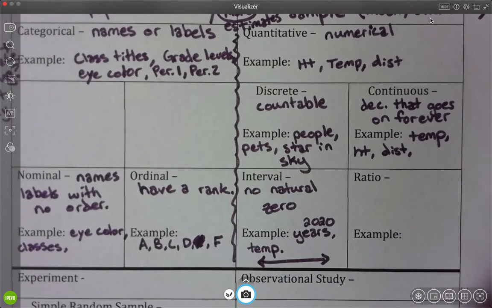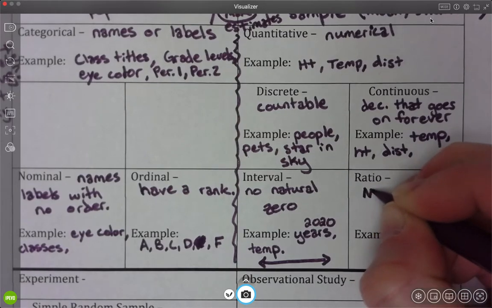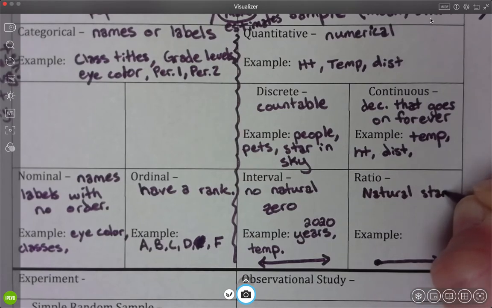Ratio, though, does have a natural starting point, okay? Maybe not at 0, but it does have a natural starting place. So for ratio, we can think of like height. Natural starting point, okay?